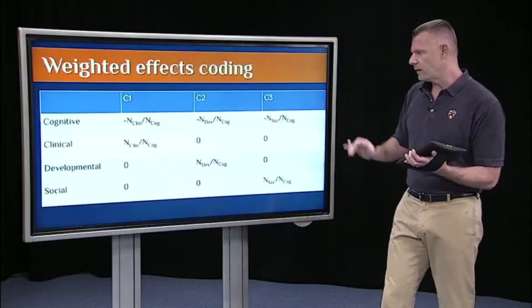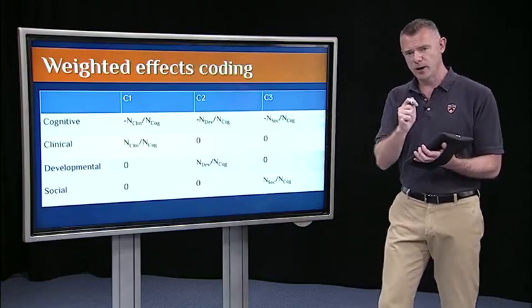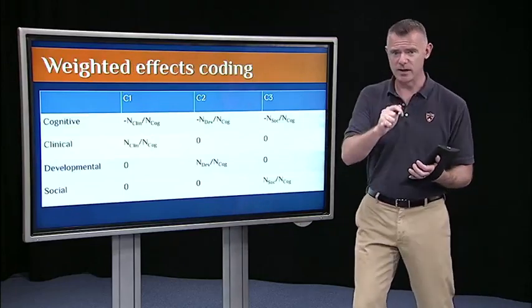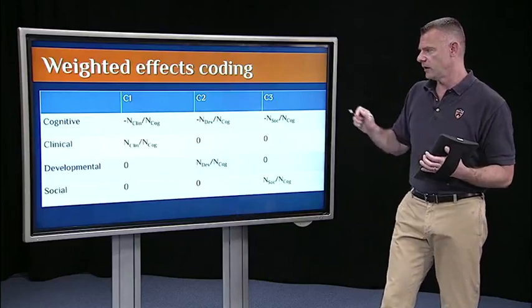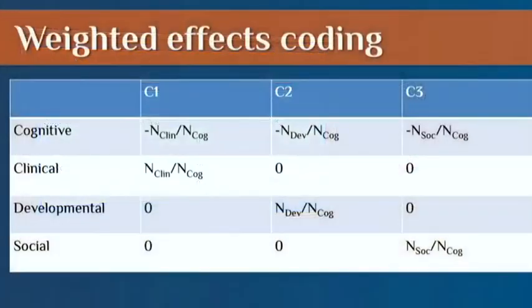So finally, the weighted effects coding. If you wanted to get that regression constant to be the exact mean of all the professors, then you would just have to weight each of them by the number of professors in each group. So instead of -1, it's just negative n for number of professors in the clinical group divided by n number of professors in the cognitive group, and so on.